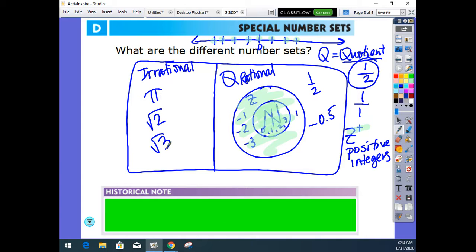Now, square root of 4 is rational because the square root of 4 actually is 2. Okay? So getting to know your symbols, N is natural, Z is an integer, Q is rational, and R is real. And those are all the different symbols you've got to know, just because that's how they'll identify the different sets.